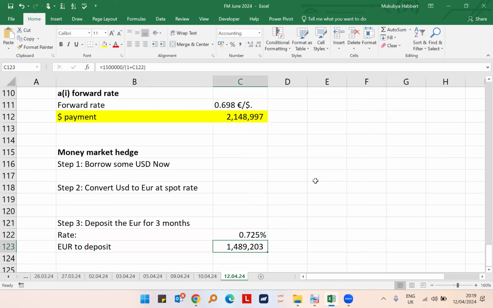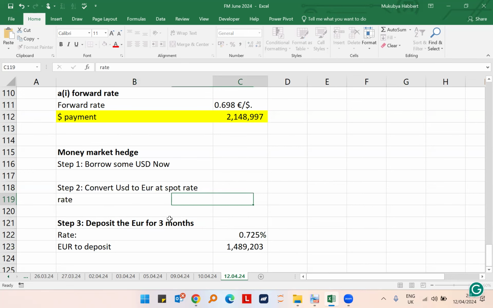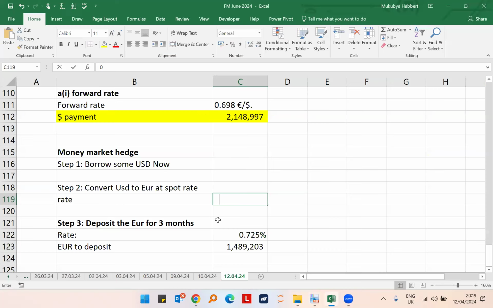Because I need to deposit 1.489 million, that's what I'm going to convert. So step 2 was to convert dollars to euros at the spot rate. So now I know that the euros that I'm going to deal with is 1.489. But what's the rate here? The spot rate they've given us as 0.7.